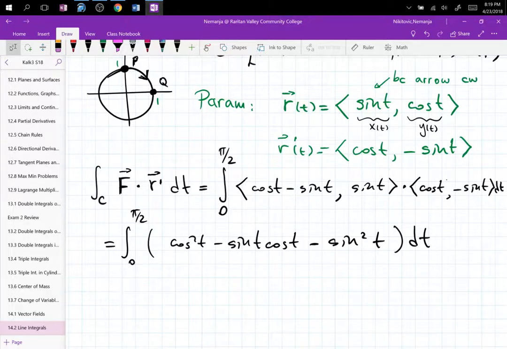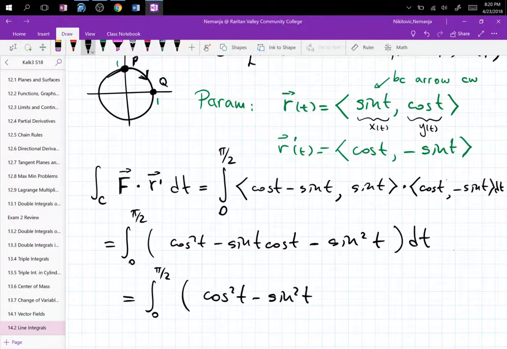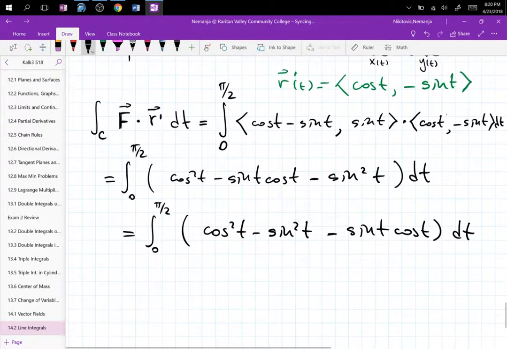Now this is really going to push your knowledge of trig identities. I'm looking at this and I'm thinking, joy, because I have cosine squared t minus sine squared t minus sine t cosine t dt if I rearrange.